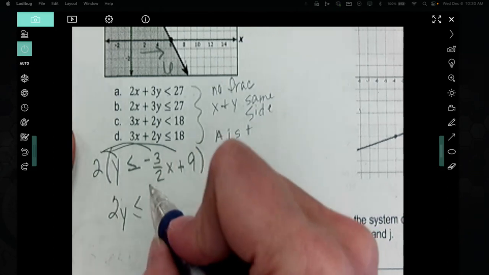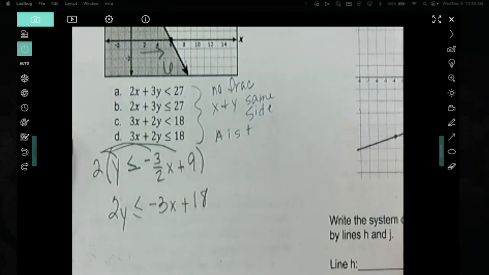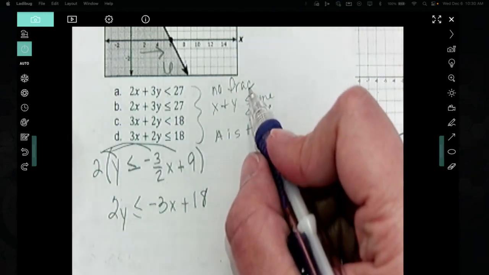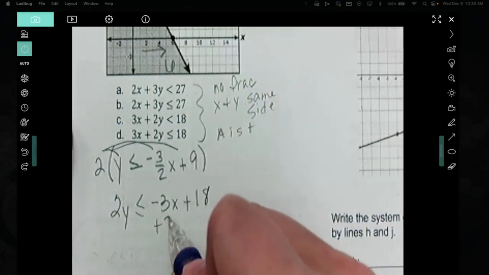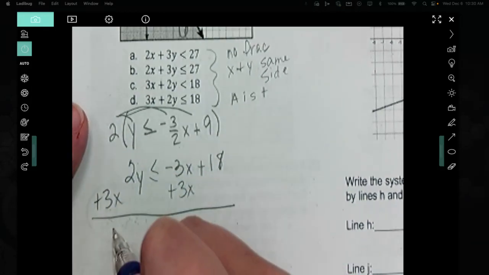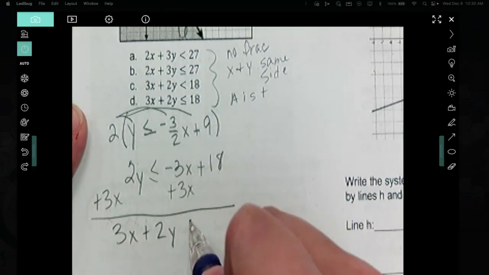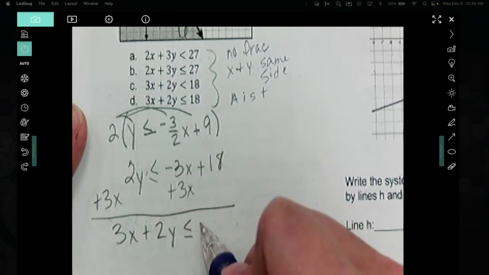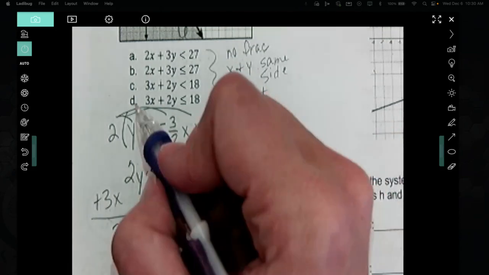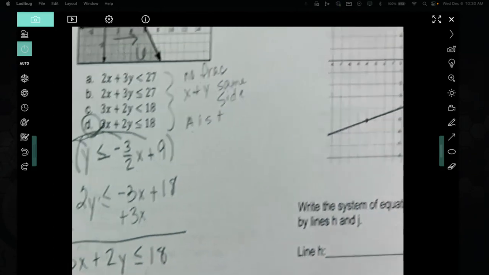This is not a negative I'm multiplying by, so nothing changes. Now, no fractions anymore. I'm going to move my x to the same side as my y. 3x plus 2y. Again, I haven't multiplied or divided by a negative, so that stays. And a is positive. So which one looks like this? Letter D.